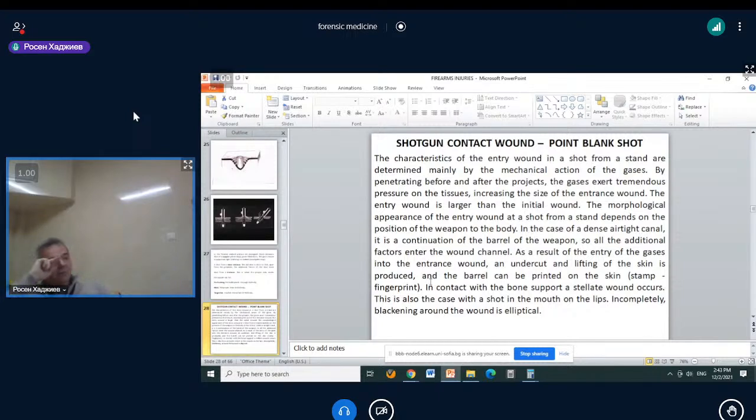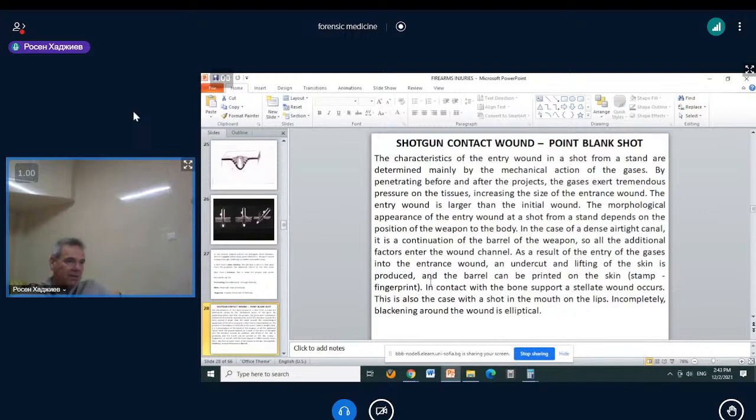All these additional factors are inside the wound, inside the canal. In these cases, the entrance wound is bigger because of the action of the gases. The gases literally dig up the subcutaneous tissues, and they lift up the skin.